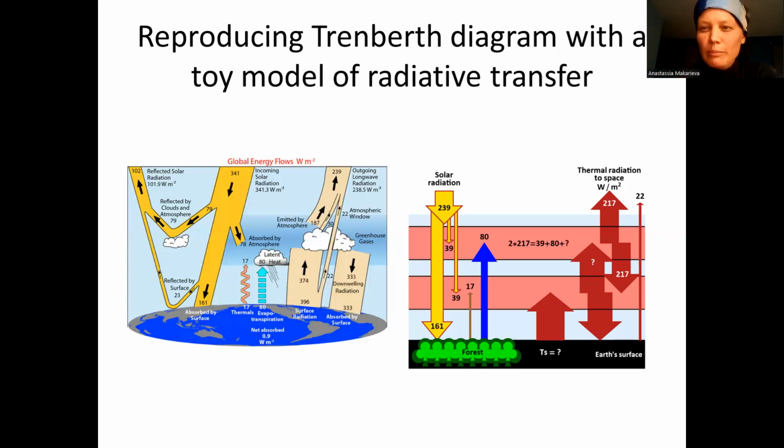And then we write the balance for this layer, which means that it radiates 2 times 217, and this is the export, and import is 39 from solar energy, 80 from latent heat, and something from the layer beneath, okay?